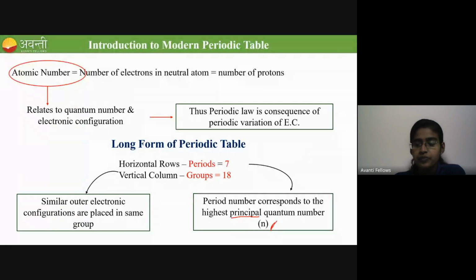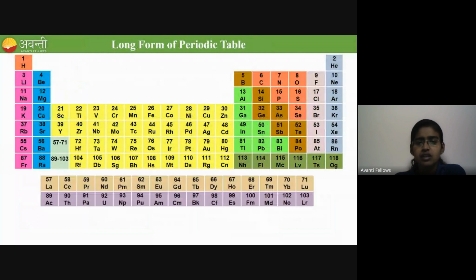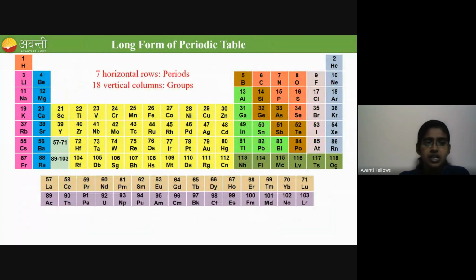Now we will see the modern periodic table. Here is a modern periodic table, and two more rows are also there. Totally we have 7 horizontal rows, which are called periods: 1, 2, 3, 4, 5, 6, and 7. And we have 18 groups here: 1, 2, 3 till 12, and 13 to 18.